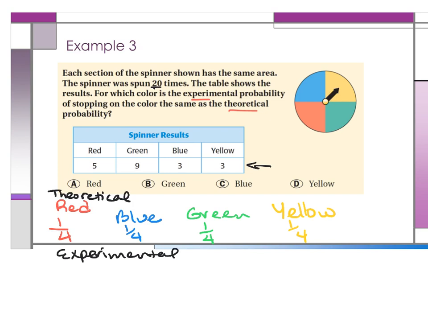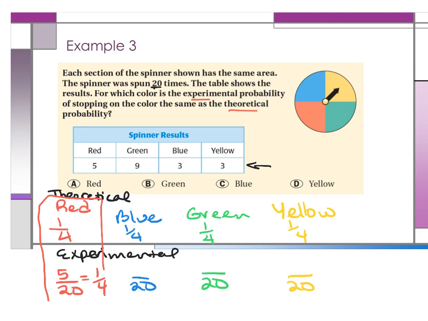So let's go through and do red. All of the denominators are going to be 20. And then the numerator, I'm going to get that number from the chart. So red is 5. This will simplify to 1/4. Oh wow, look at this. We found our answer right here, and it's going to be A.